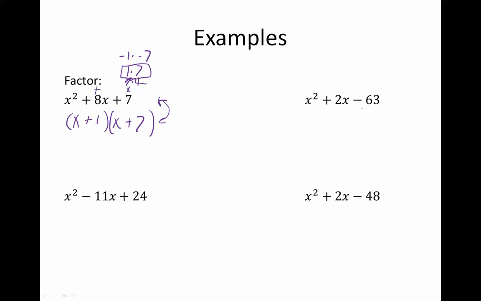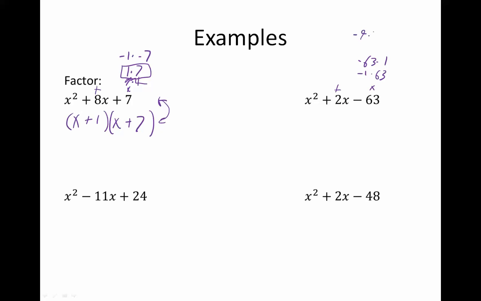Let's see this one here. Again, what multiplies to be negative 63 and adds to be positive 2? If you don't see it right away, make a list of everything that multiplies to be 63. There's negative 63 and 1, and negative 1 and 63. Clearly these are not it because they don't add to be 2. What else multiplies here? 9 and 7.